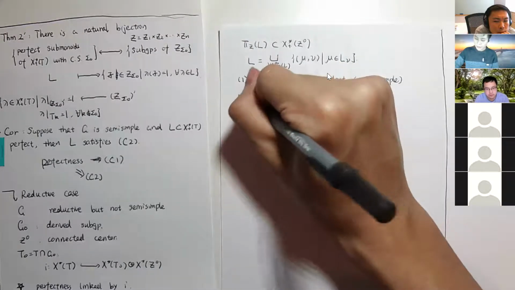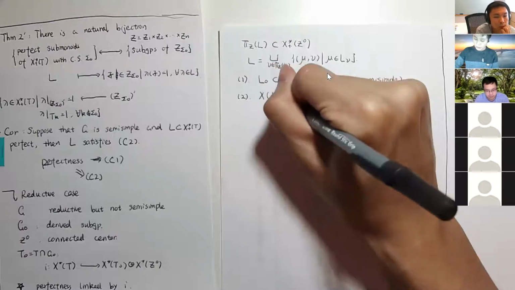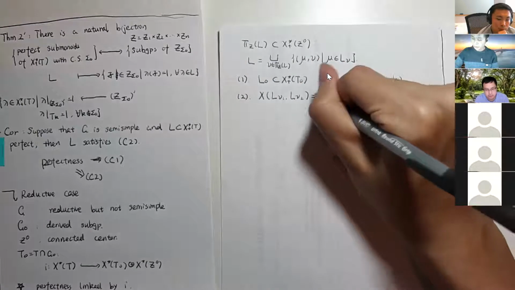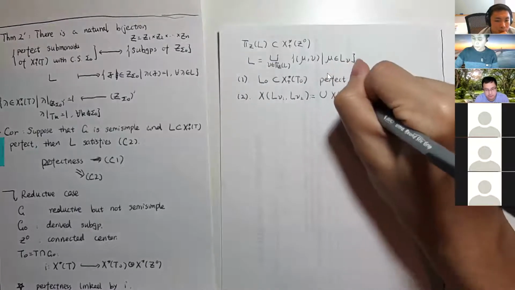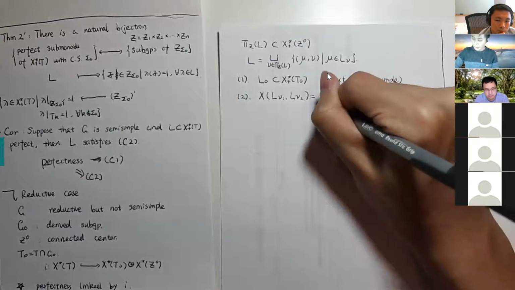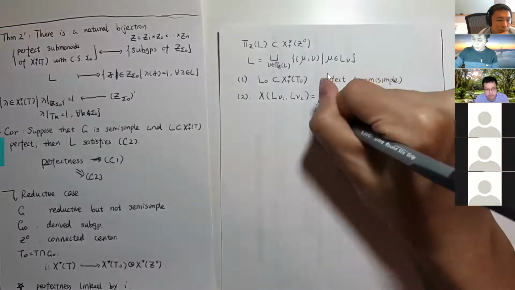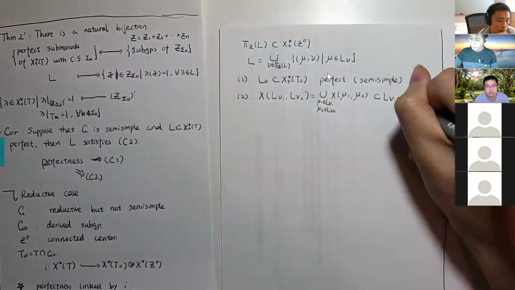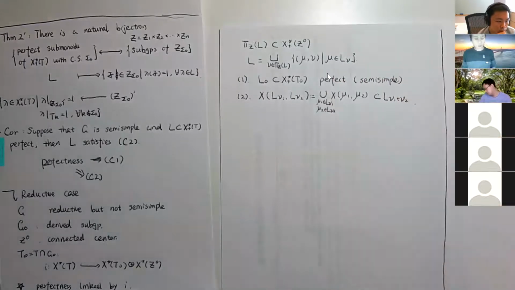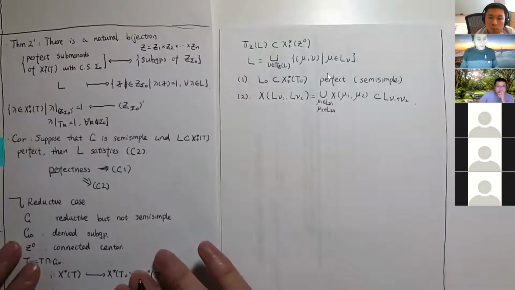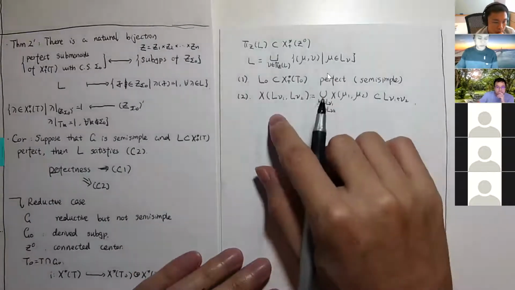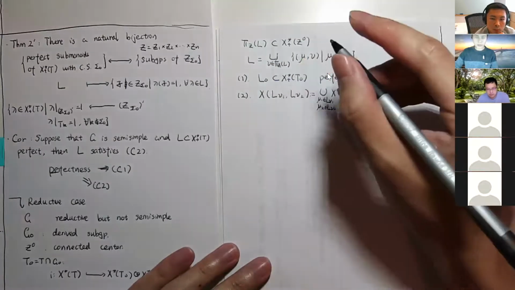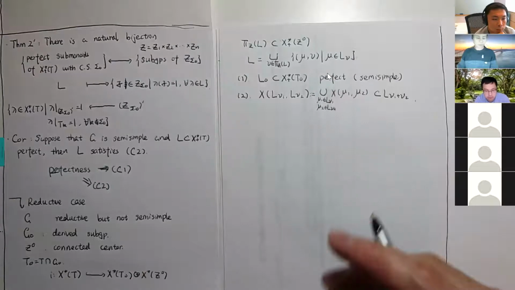And the second one is that the union of X_mu1 plus mu2, where mu1 is in L_nu1 and mu2 is in L_nu2, is contained in L_nu1 plus L_nu2. So we have these two conditions, and based on these two conditions, we want to characterize the perfect submonoids of dominant weights for this reductive case.